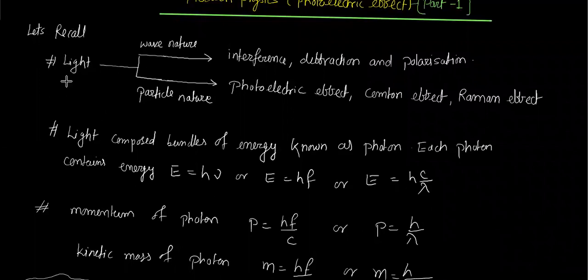Here in this part, I have mentioned some properties of light, and as we know, light can show two kinds of nature or feature. One is wave nature and another is particle nature. Wave nature is confirmed by phenomena like interference, diffraction, and polarization.